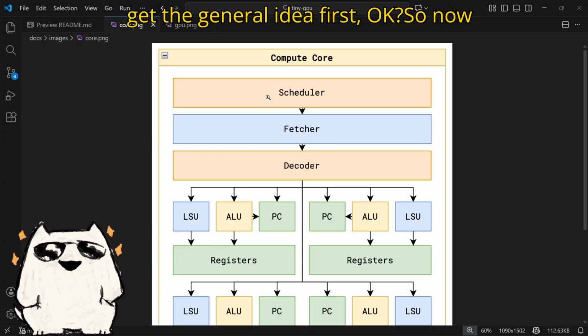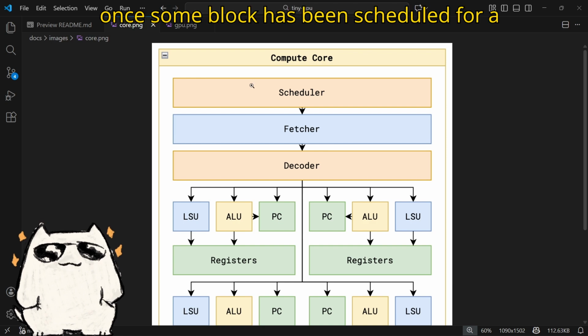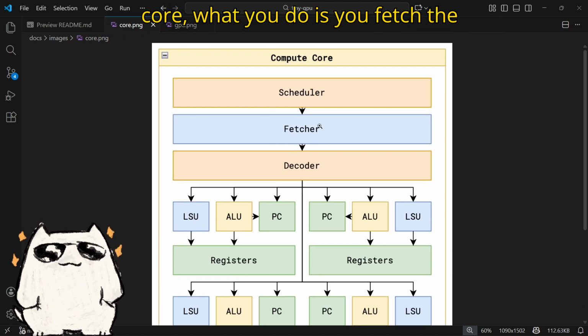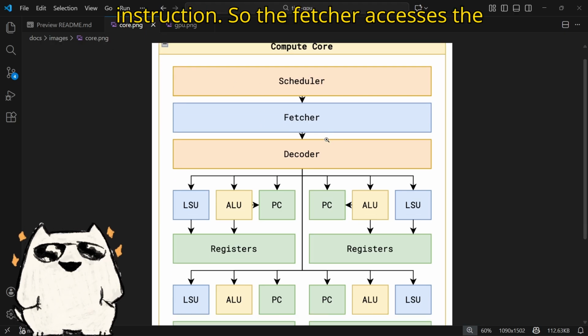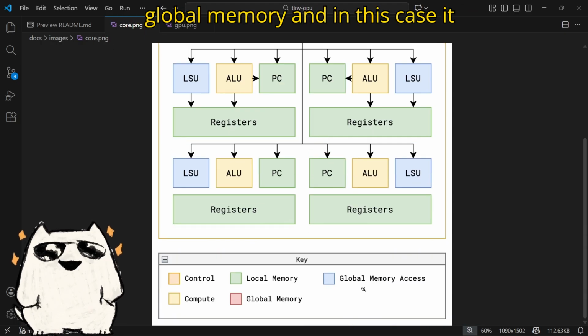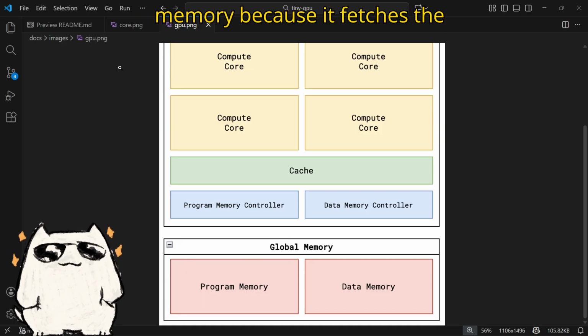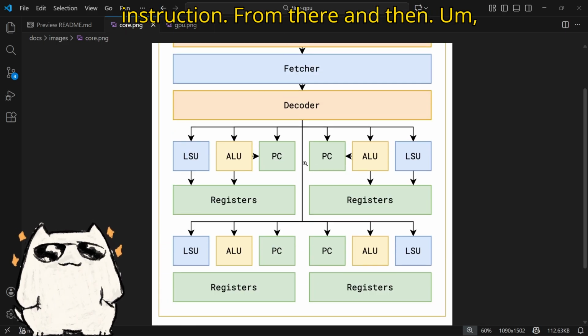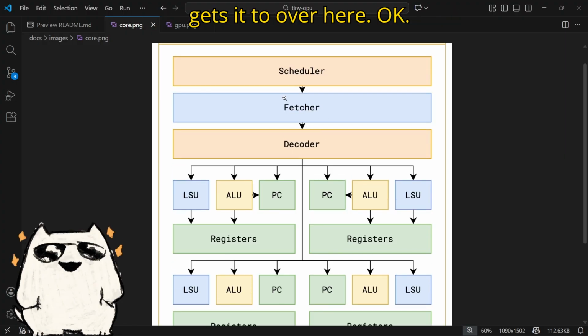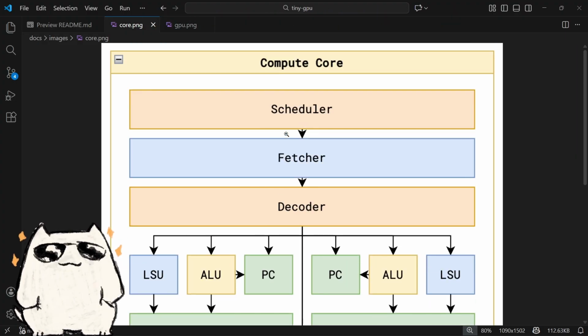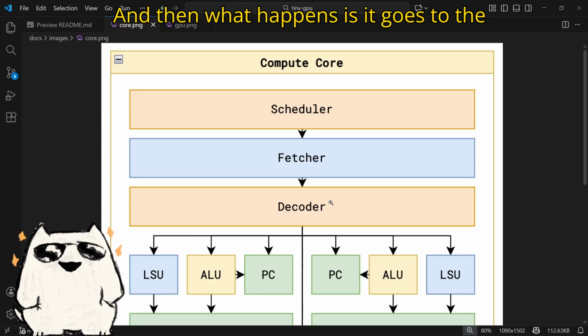Now once a block has been scheduled for a core, what you do is you fetch the instruction. The fetcher accesses the global memory, and in this case, it accesses the program memory in global memory because it fetches the instruction from there and then gets it to over here. Then it goes to the decoder.